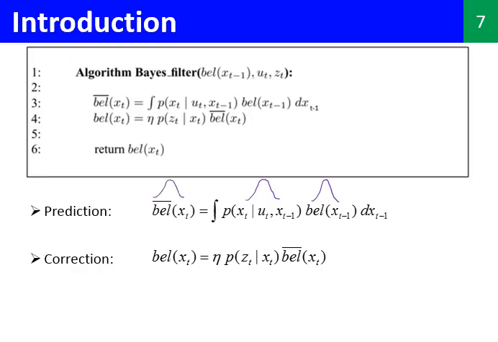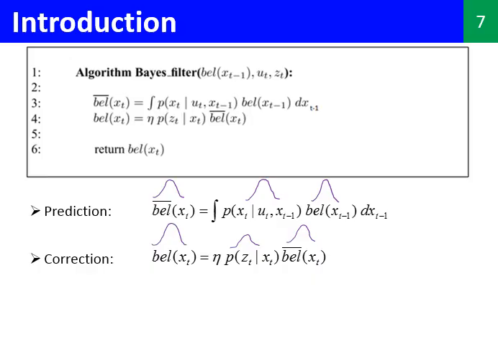Next, together with this intermediate belief, which was Gaussian from the previous step, if the probability density of the measurement model is also Gaussian, so here we also have another Gaussian, then we can show that the resulting belief bel(x_t) is going to be a Gaussian probability distribution as well.